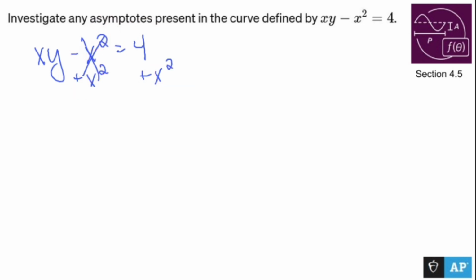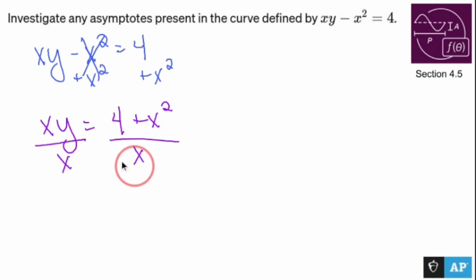The terms on the right side don't combine, so that leaves me with xy equals 4 plus x squared. Divide everything by x, and y is now equal to (4 plus x squared) over x.